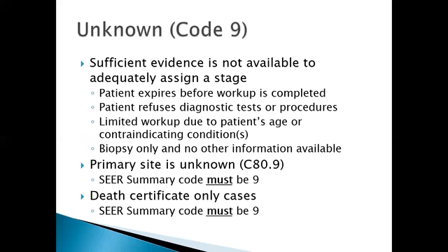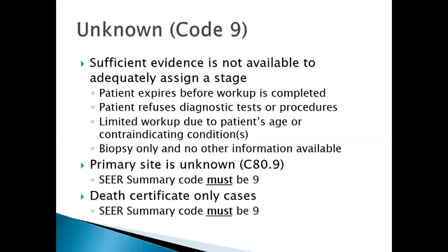Last but not least, we have unknown. There are times that you will have to use the unknown summary stage, which is code 9. And there are certain cases in which you must code it as 9 or unknown.